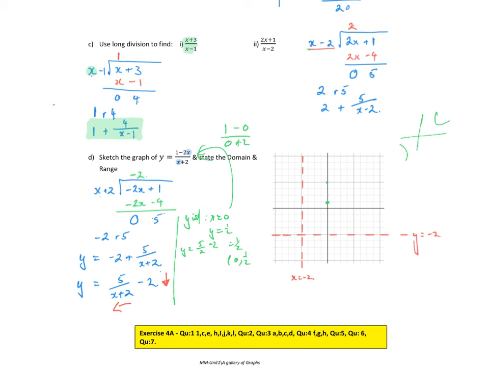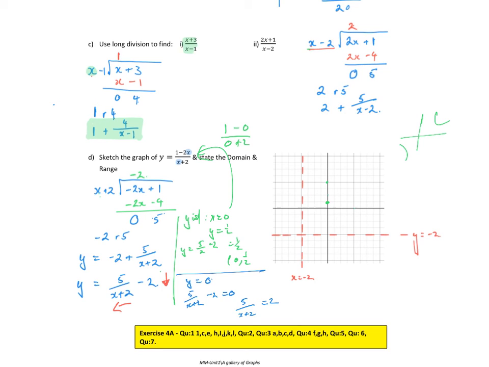Okay, so let's check an x-intercept. If I put y equal to 0, we didn't have to get the intercept, but it's still good practice. I get 5 over x plus 2 minus 2 is equal to 0. 5 over x plus 2 is equal to 2.